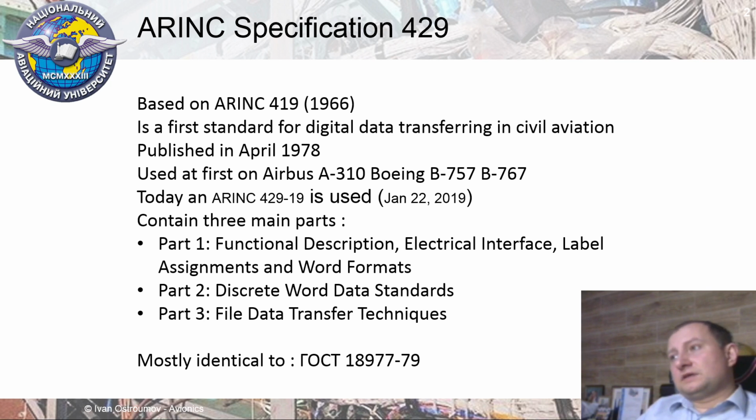Thus, there are 19 editions of ARINC 429, and the 19th edition is used today for data transferring. Also, this 19th specification was published in January 22 of 2019.